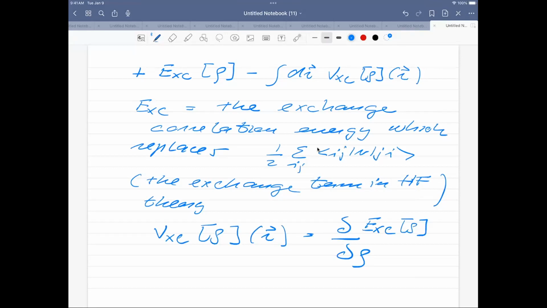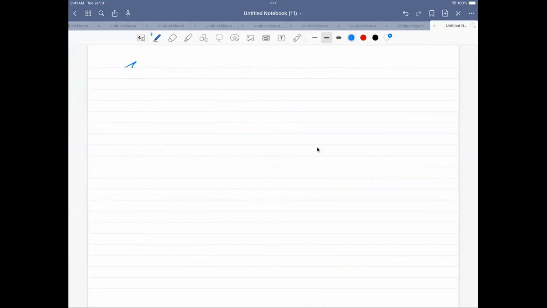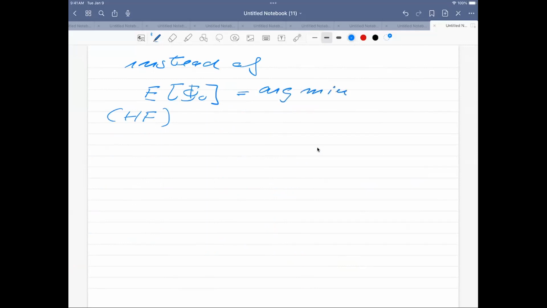So what you end up doing then, instead of optimizing E of psi 0, which we did in Hartree-Fock theory, which is the same as having an argument, the set of single particle states, but I'm just going to write this phi 0, and then we optimize this quantity. What we typically end up doing now is to have a different minimization problem where we use the variational calculus.